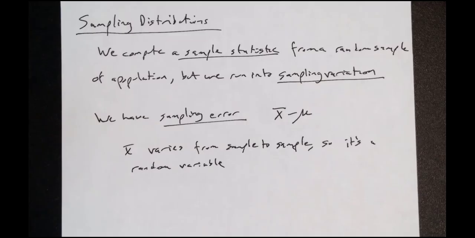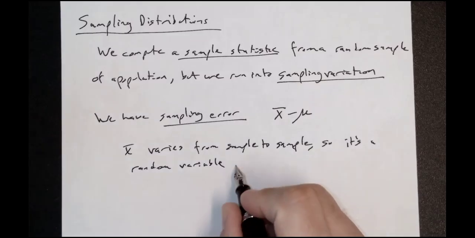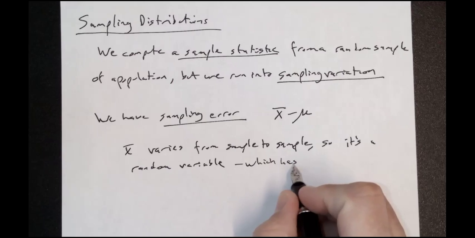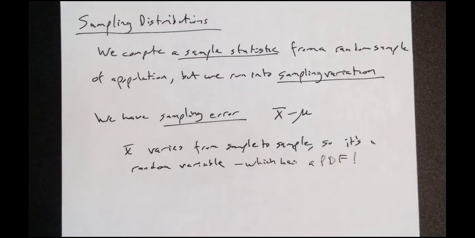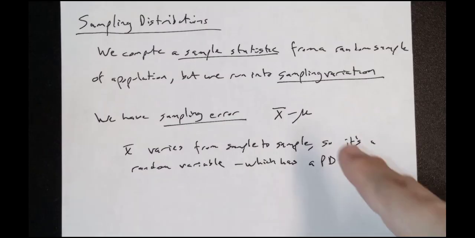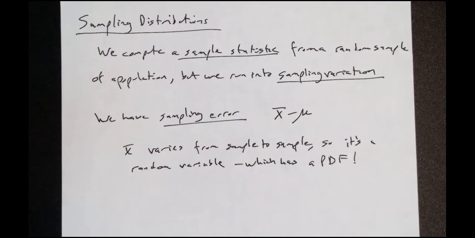Maybe it's something else, but it's got a PDF. And now I can use what I know about PDFs, and I can estimate things about the population from things about my sampled statistic. Because that's what X bar is. It's a statistic we calculated from our sample, a sampling statistic.